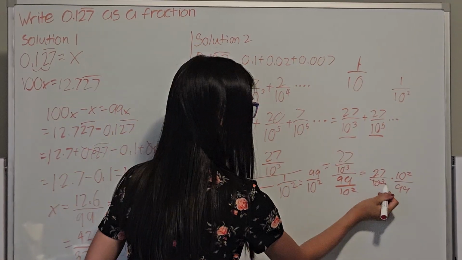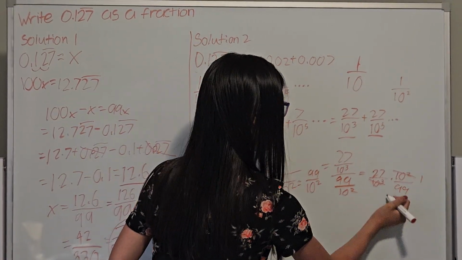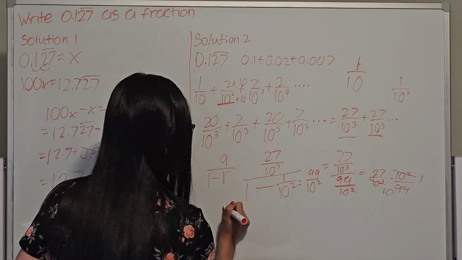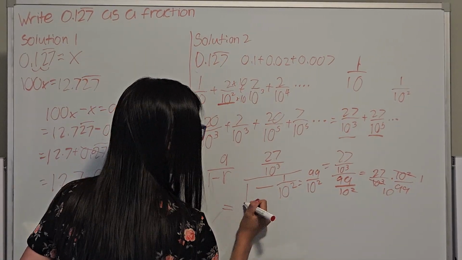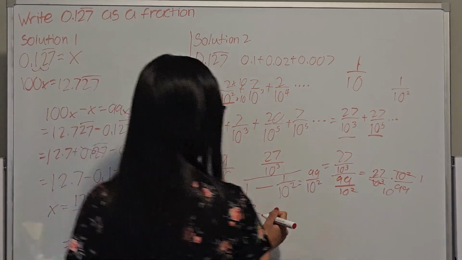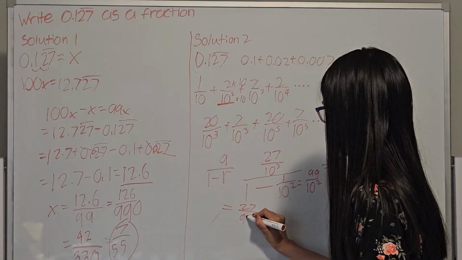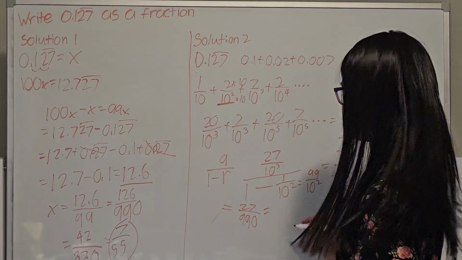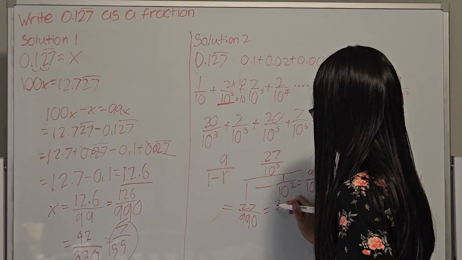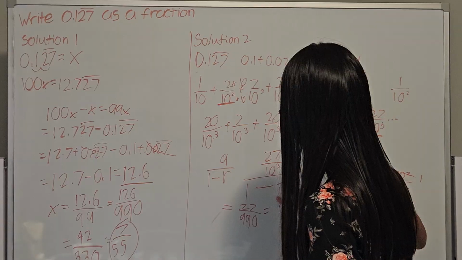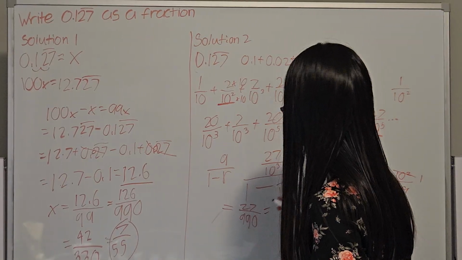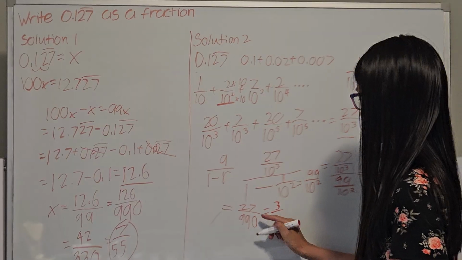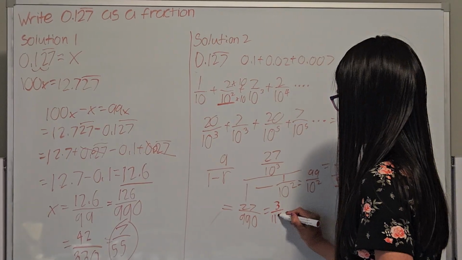And we can cancel, so this becomes 1 and this becomes 10. That will equal 27 over 990. We can simplify it because we like simple things, dividing both sides by 9, giving 3 over 110.